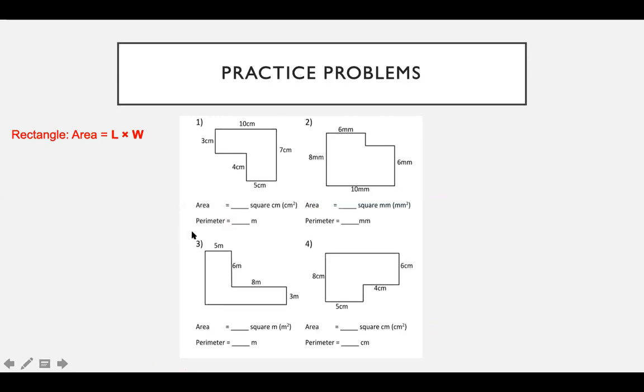So here are some practice problems for you. I know these shapes look a little different than what I have taught you, but if you look closely, you can use the formulas I taught you to solve these. Remember, the area of a rectangle is length times width.